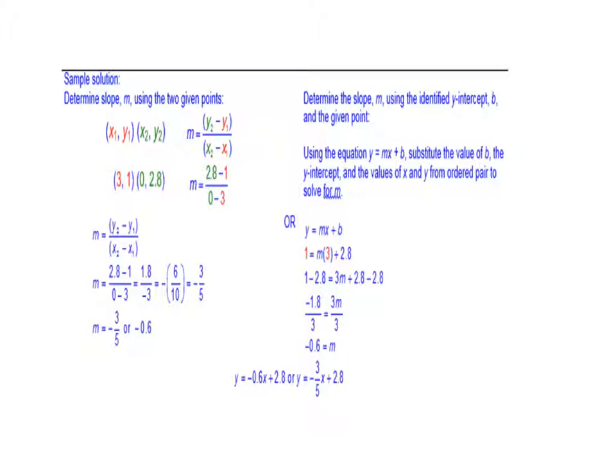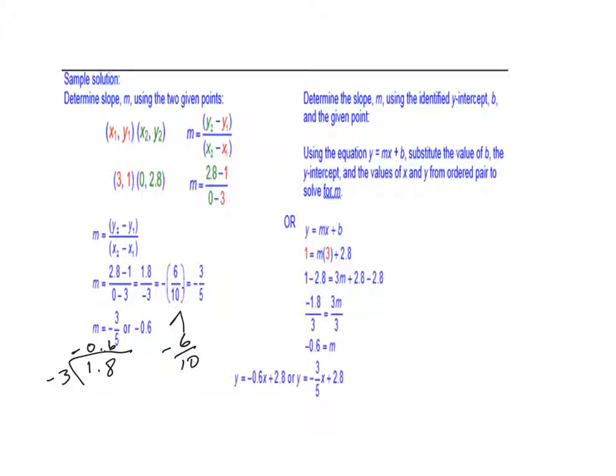Now, let me go ahead and clear this up for some of us that may not understand where this comes from. If we have 1.8 and we're dividing by a negative 3, then that's going to give us a 0.6, and that's going to be negative. Okay, it's in the 10th place, so that would give us a negative 6 over 10.